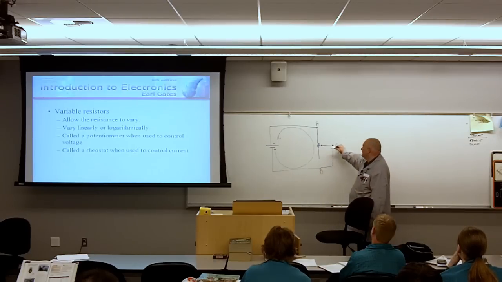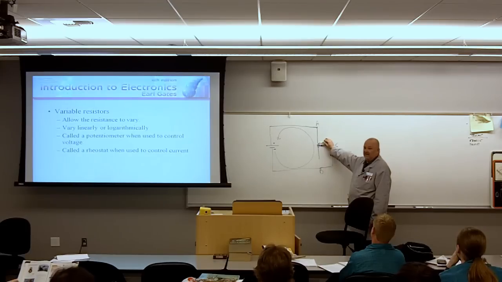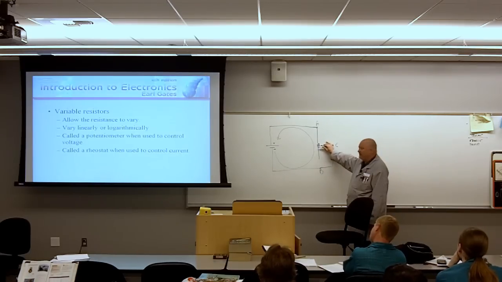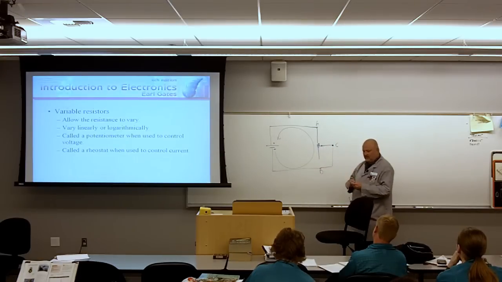If I adjust this all the way to the end right here, I may have 100%? Well, if I move it all the way here and it's not in contact with any resistance, 100% current flow, 0 resistance, or as close to 0 as I could get. When I move the wiper arm all the way to the bottom here, now I get 100% resistance, minimum current flow. So literally, when I'm adjusting this wiper arm, I'm adjusting the amount of current in the circuit.